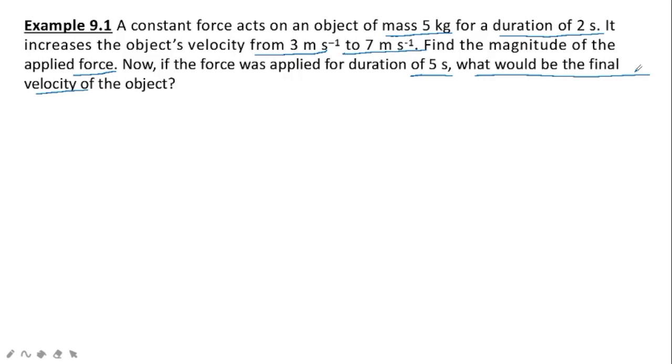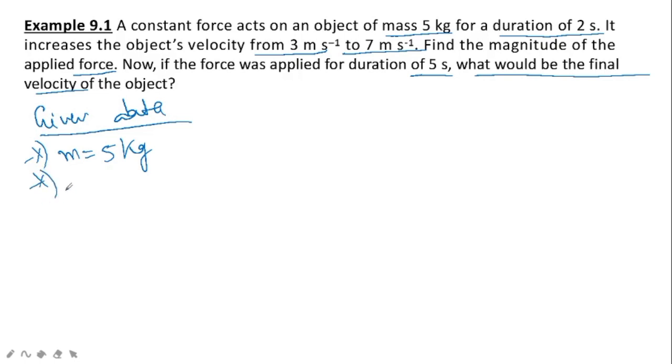Now we will write it again here. Given data: the first data given is mass, equal to 5 kg. The second is duration, that is time, equal to 2 seconds. Then it increases the velocity from 3 to 7 meter per second. What does "from" indicate?